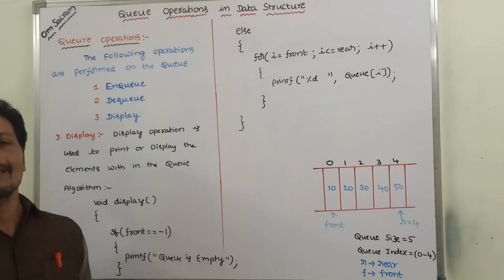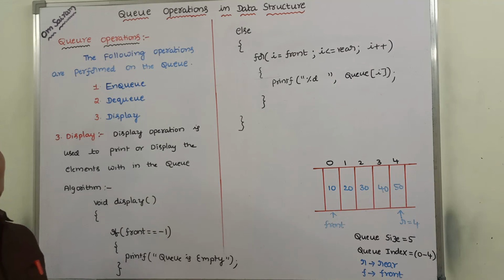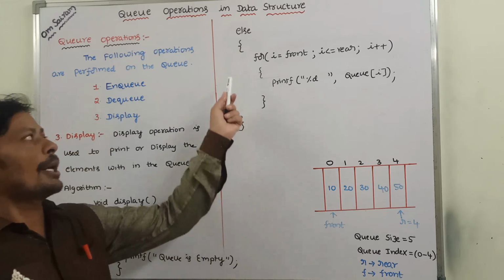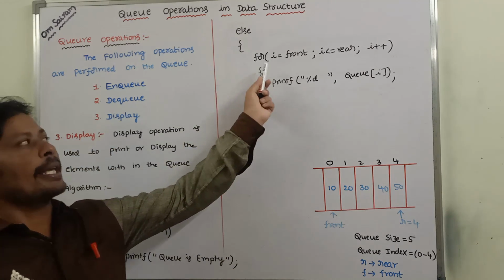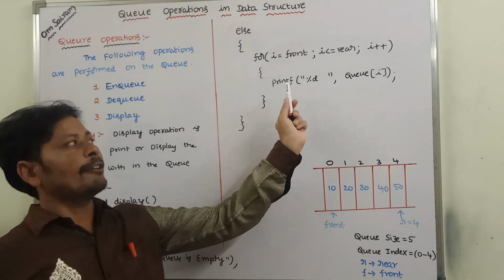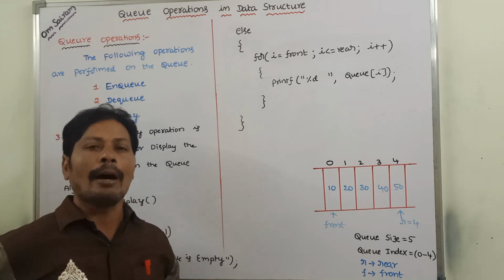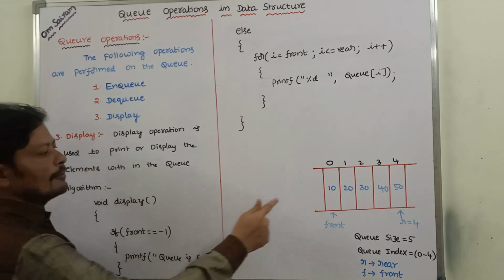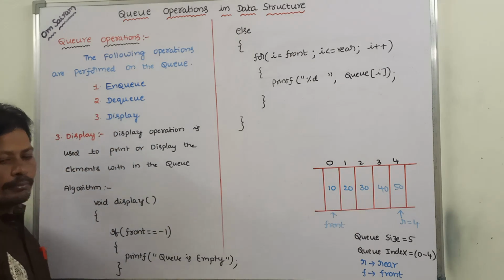If the condition is not satisfied, then we have to print or display all the elements within the queue using this statement. For i equal to front, i less than or equal to rear, i plus plus, printf %d queue of i. Okay, now we have to trace our code with this example.